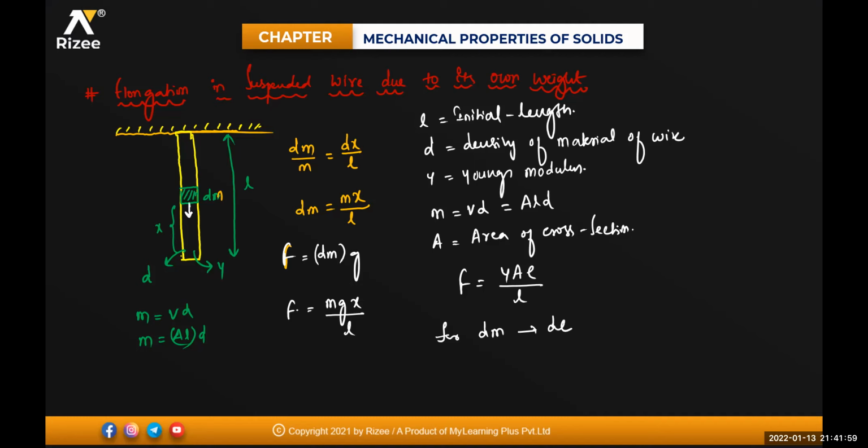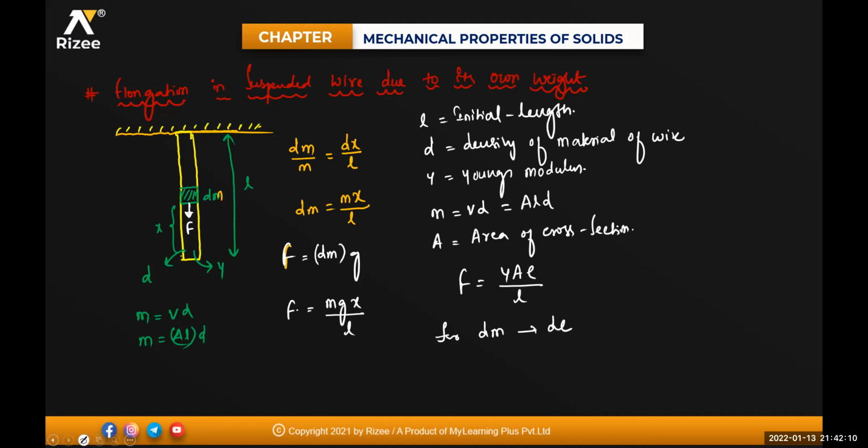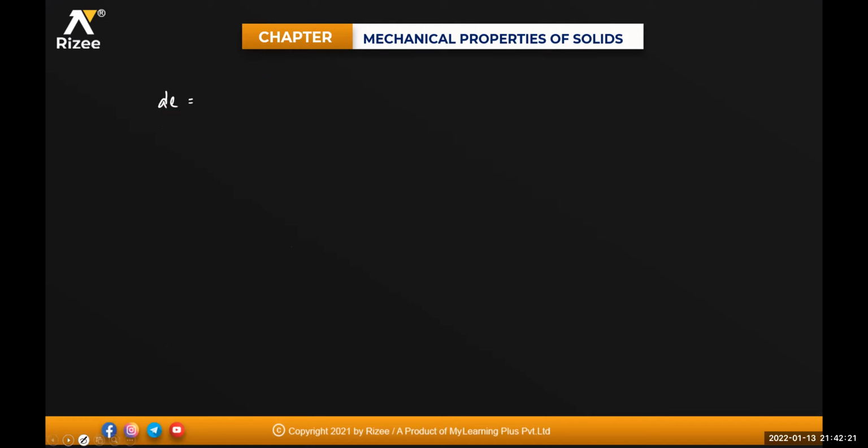Small amount of force that I'm representing by letter F. So now if I'm writing de, de is equal to, that will become F into L divided by Y into A, isn't it? F into L divided by Y into A.